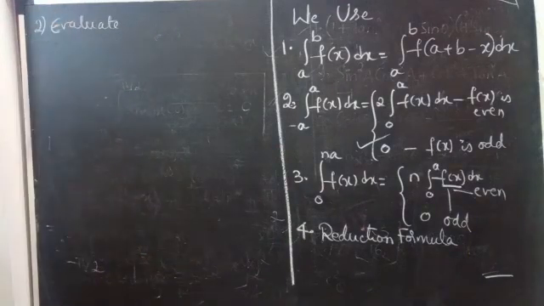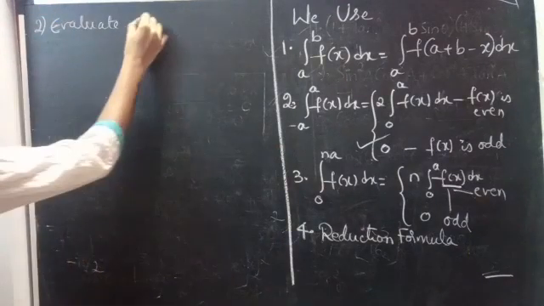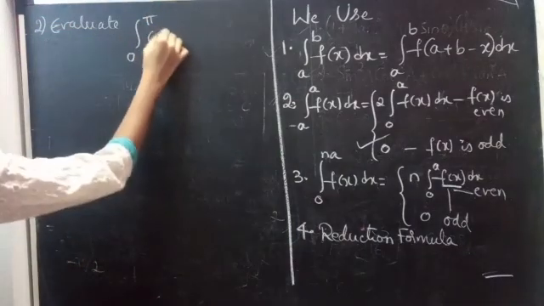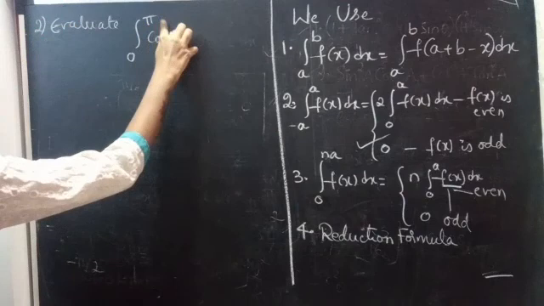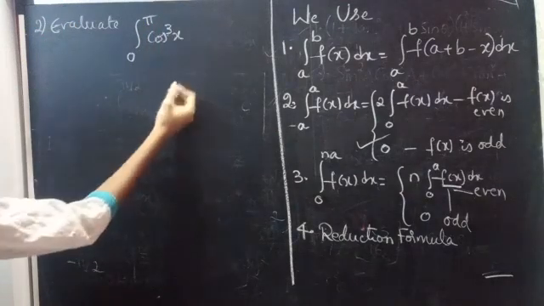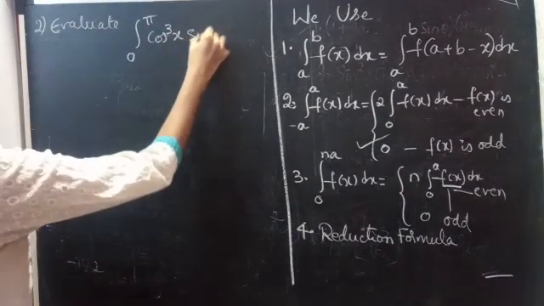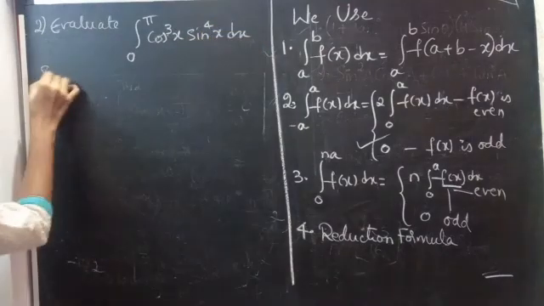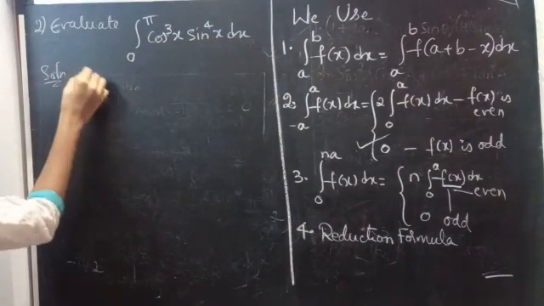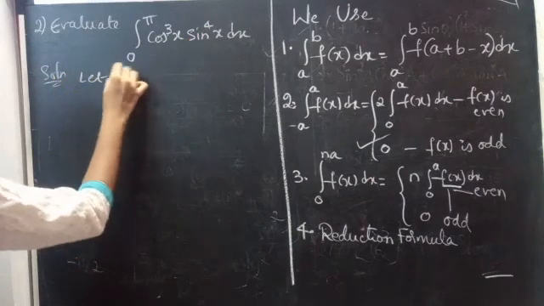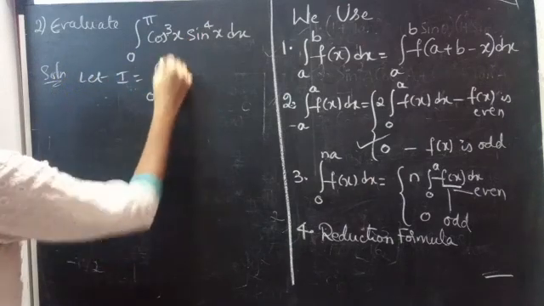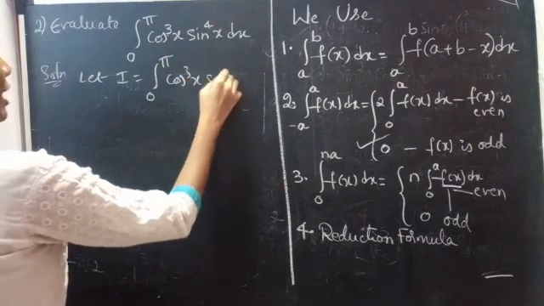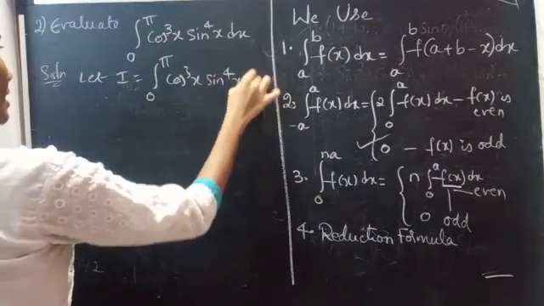Evaluate integral from 0 to pi of cos cube x into sin power 4x dx. Solution. Let I equal integral from 0 to pi of cos cube x into sin power 4x dx.